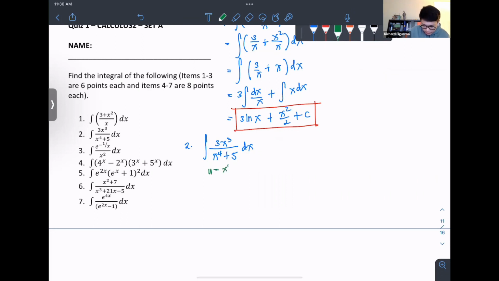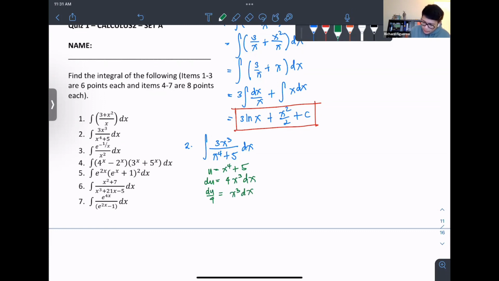So our u here is x to the 4th plus 5. Once we derive this, we'll have du equals 4x cubed dx. So x cubed dx will just be du all over 4.